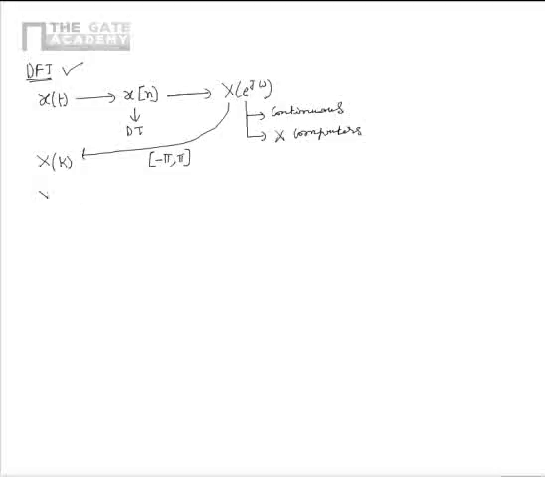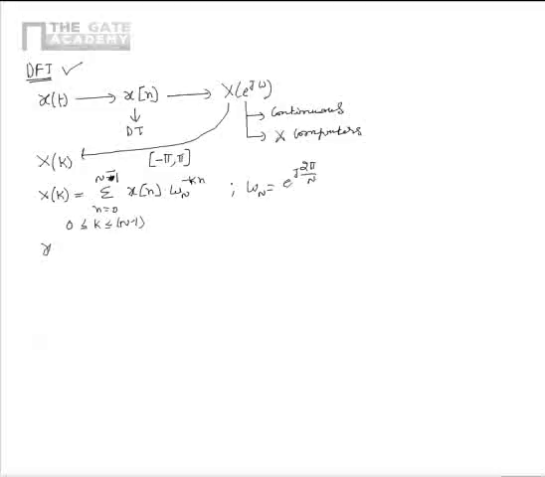The DFT analysis equation can be written as X(k) equals sigma n equals 0 to N minus 1 x(n) multiplied by W_N power minus kn, where W_N can be written as e^(j2π/N). Also, please note that k runs from 0 to N minus 1.